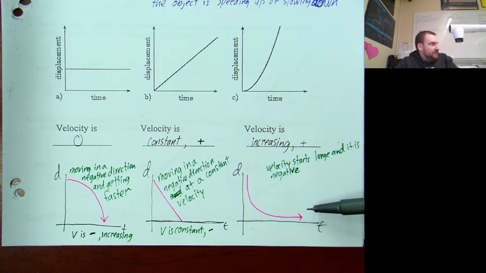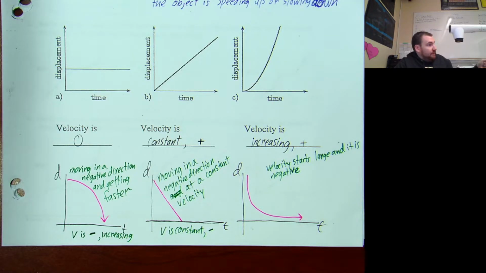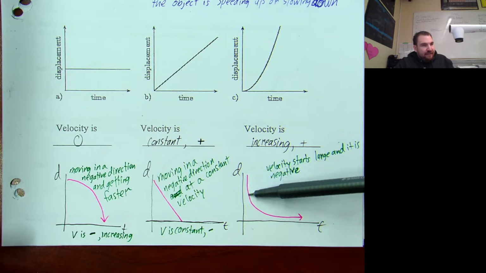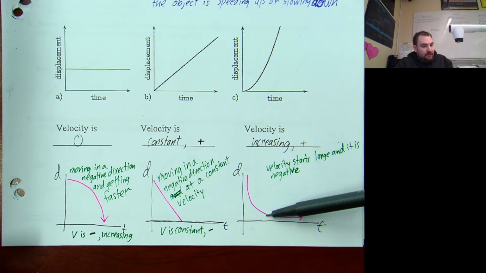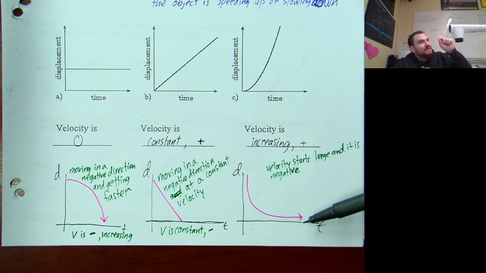What happens to the velocity over time? Think about velocity is related to slope, and slope is related to the steepness of the graph. What's happening to the steepness of this graph? The steepness is going down, so that means the slope must be going down. So that means the velocity is doing what, Connor? Becoming more constant. Not becoming more positive.